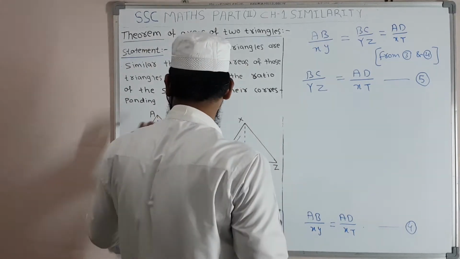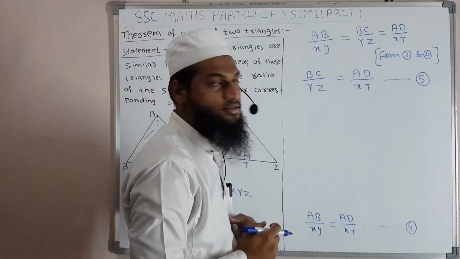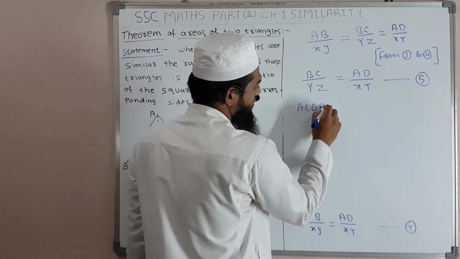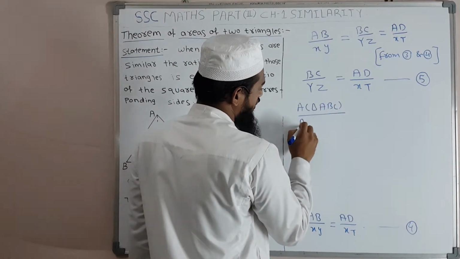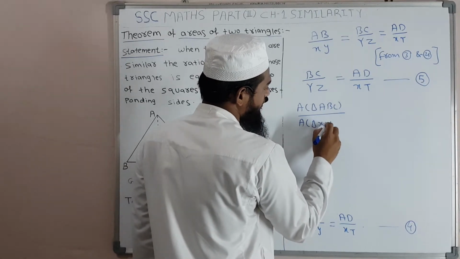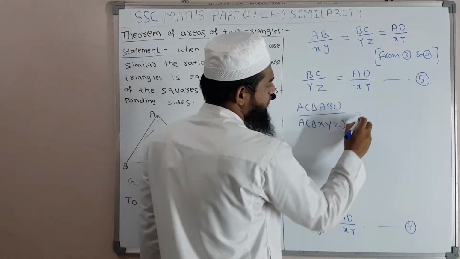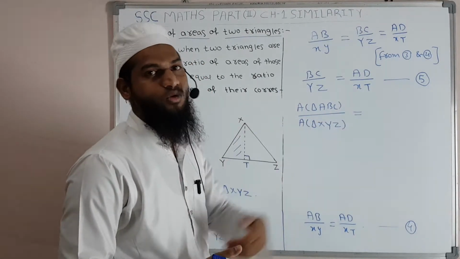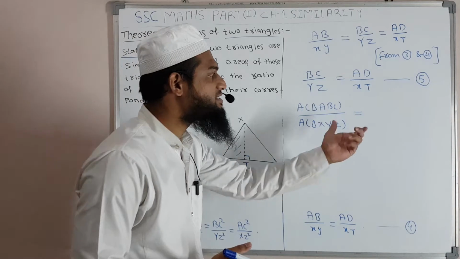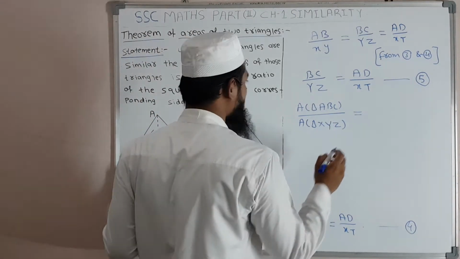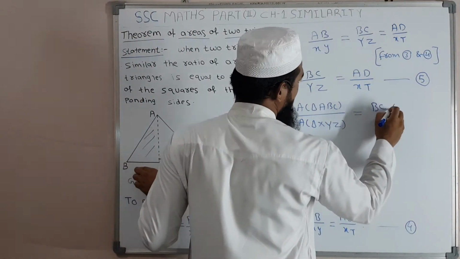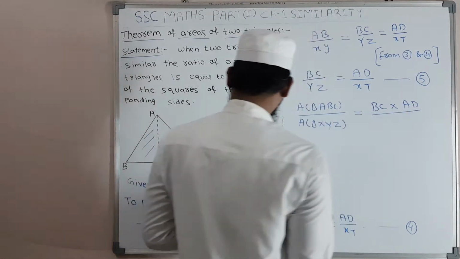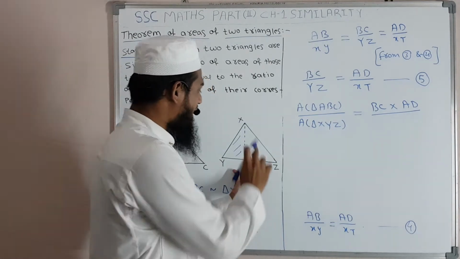Now in triangle ABC and triangle XYZ, area of triangle ABC upon area of triangle XYZ is equal to, we know that area of a triangle is half into base into height, the half gets cancelled, then base into height. What is the base here? BC is the base and height is AD, upon YZ is the base and height is XT.